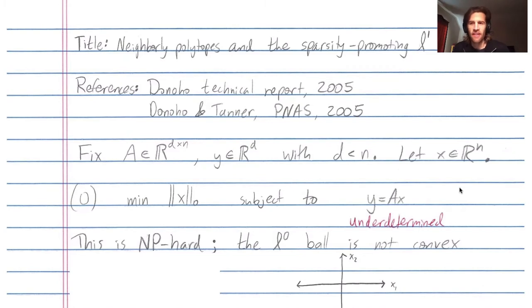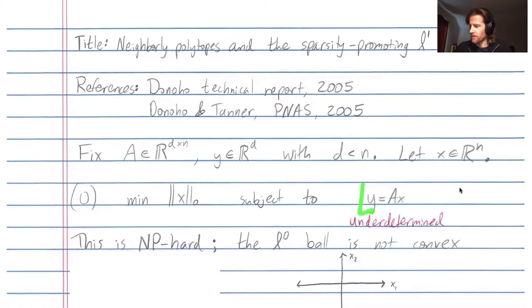Matrix A is a matrix moving us down in dimension. We move from n-dimensional space down to d-dimensional space, where d is less than n. And whenever you write a solution y equals Ax, because you have more variables, n, than the number of constraints, d, you expect to have infinitely many solutions.